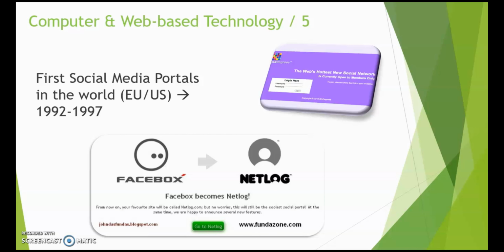So you have Six Degrees on top right, and then you have Facebook, which is much more basic in its structure in comparison to modern social media equivalents, aside from the similarity in the name, and the newest version of Facebook that was rebranded, renamed Netlog.